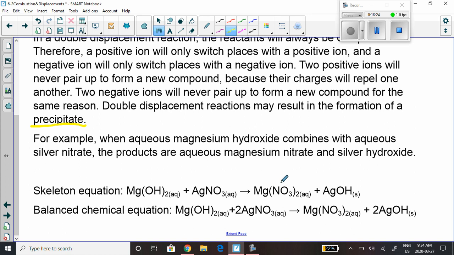And you would use the crisscross rule to find the appropriate formula here. Now this new compound is dissolvable in water. It's soluble, aqueous, but this one is not, it's solid here. Take a look at that, okay? So this is what we call the precipitate.